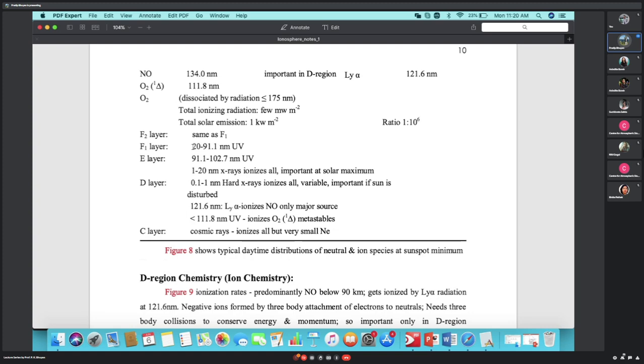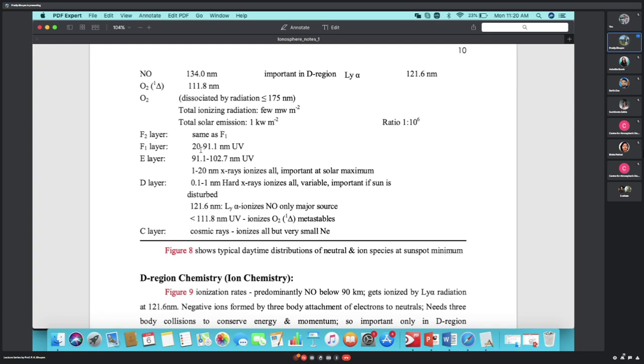This is the range of solar radiations, 200 to 911 angstrom, or 20 to 91 nanometer wavelength. This is the range of radiations which ionizes F1 and F2. Okay, this is the range of radiations which ionizes F1 and F2.